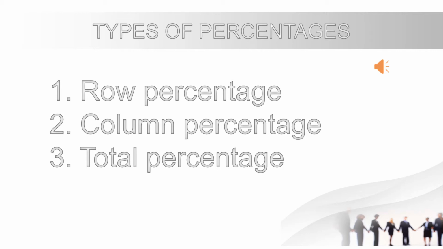From the row percentage, you can also see that 24 of those aged 25 to 34 are strongly unfavorable towards uranium mining. This is how you read based on the types of percentage.